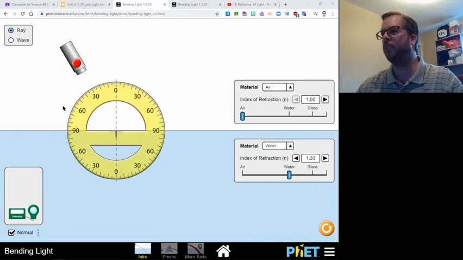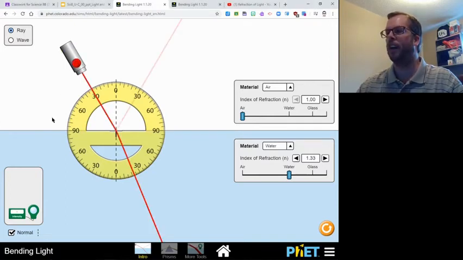So here we have one substance. Here in this case, the material is air, and then we've got our boundary line. And then this material down here in this case is water. And we are going to shine a laser. Now at this point in time, our laser is set to 30 degrees from the normal. You'll see here that as it hits the boundary, it does bend.